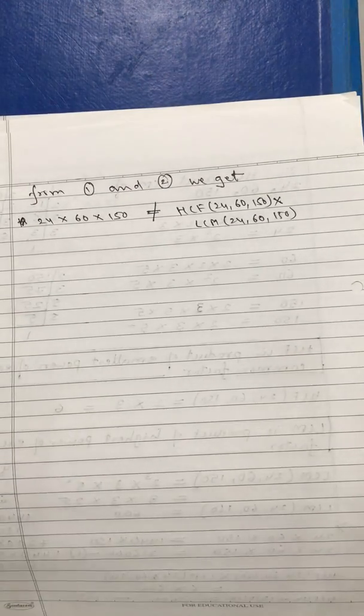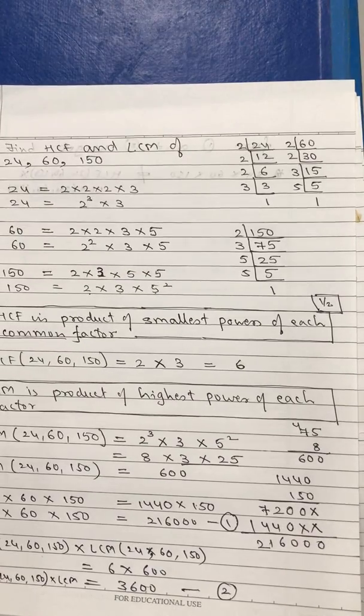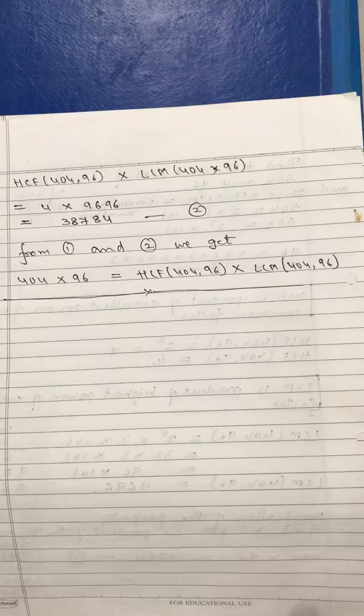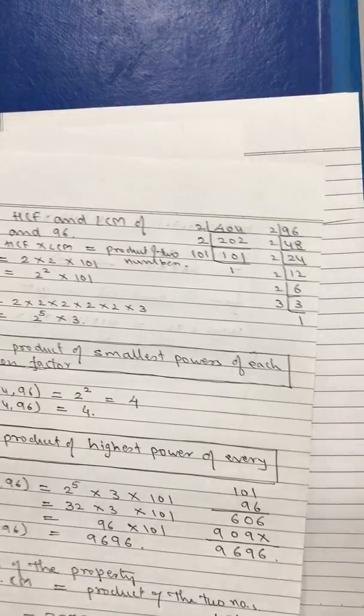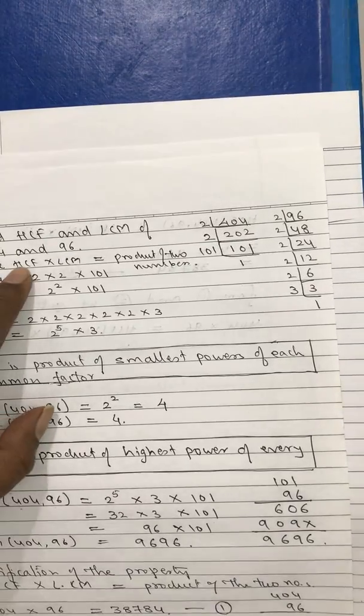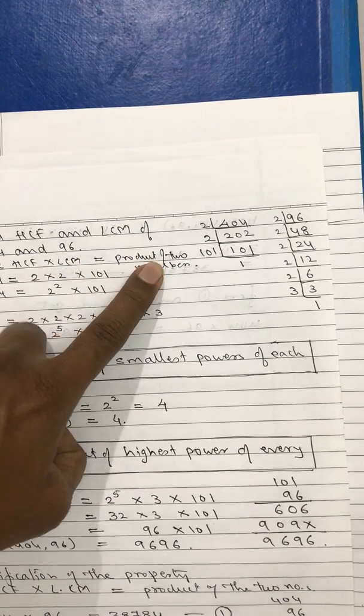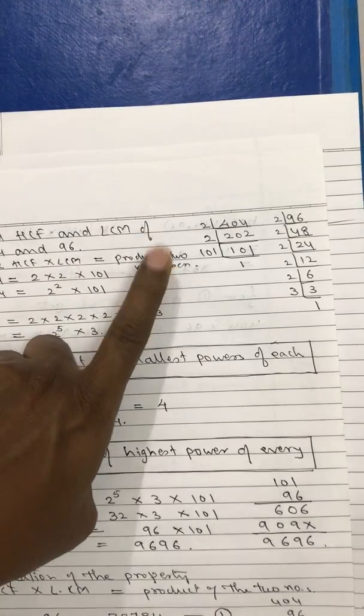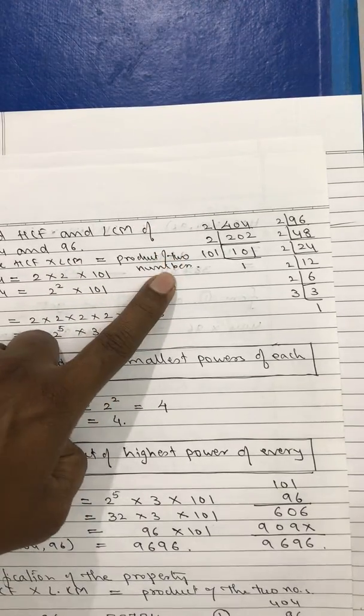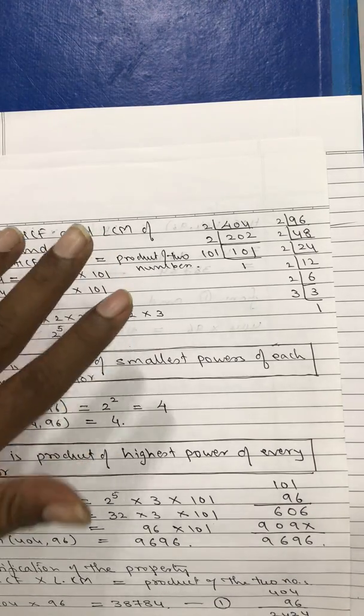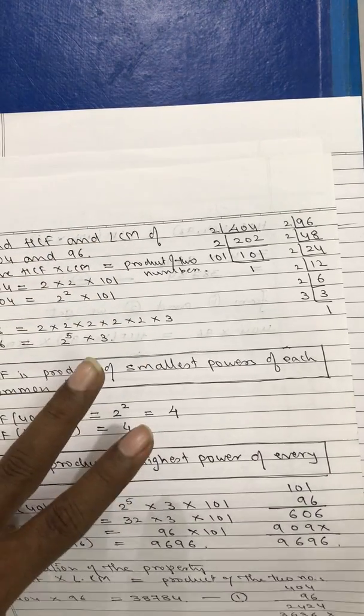What does this mean? This means that when we apply this property, that HCF into LCM is equal to the product of the two numbers, that is why I purposely wrote here product of two numbers. Because this property is applicable only when we consider two numbers.